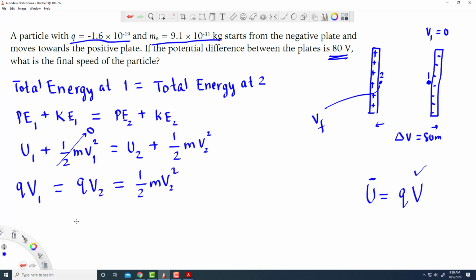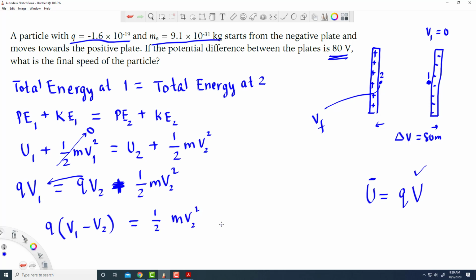Oops, that's plus, this thing is plus, and then we can take this to this side or this one to the other side, whichever you want to do. So Q(V1 minus V2) is equal to 1/2 mv2 squared.